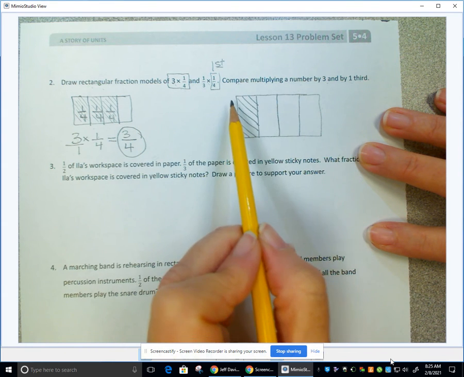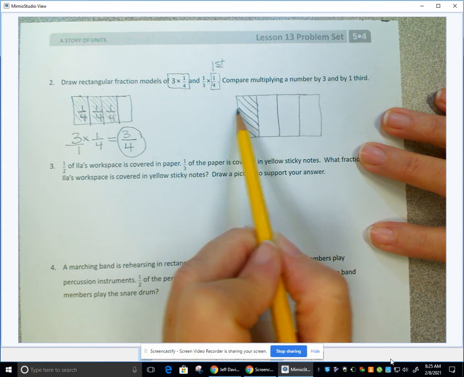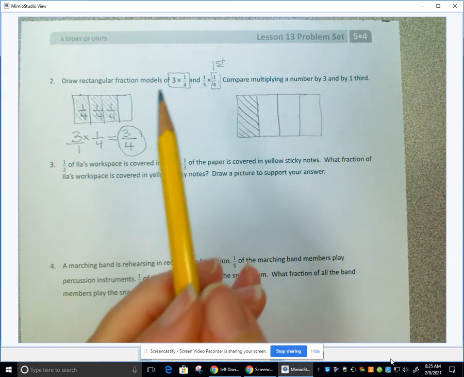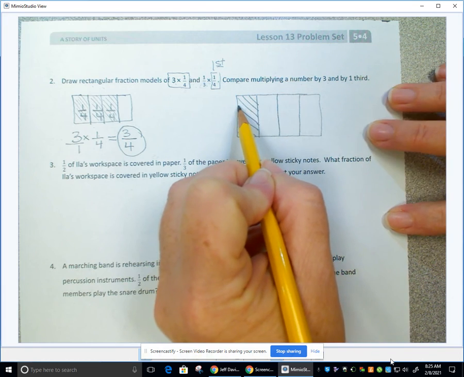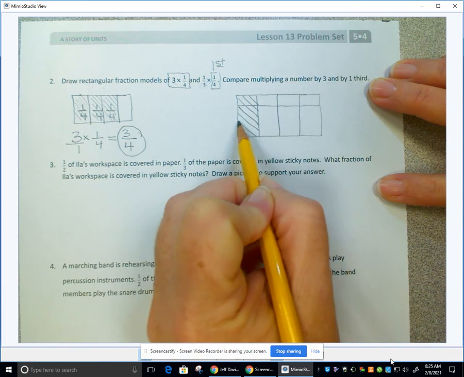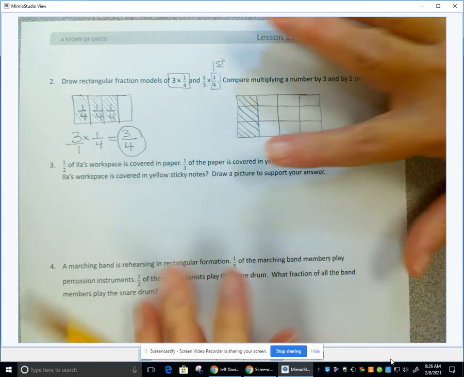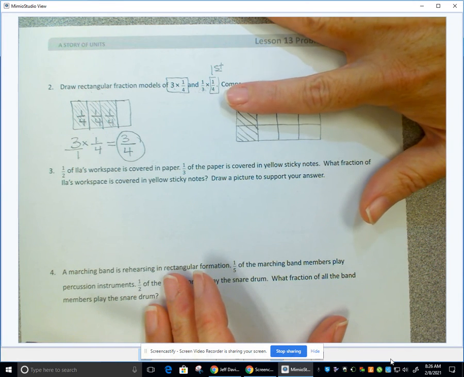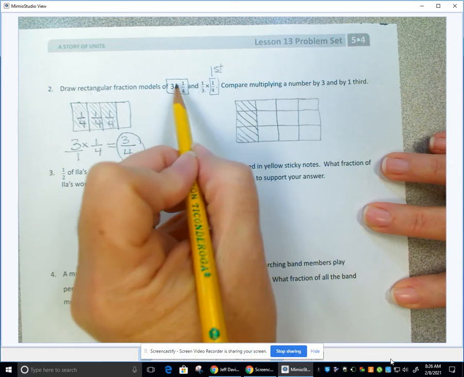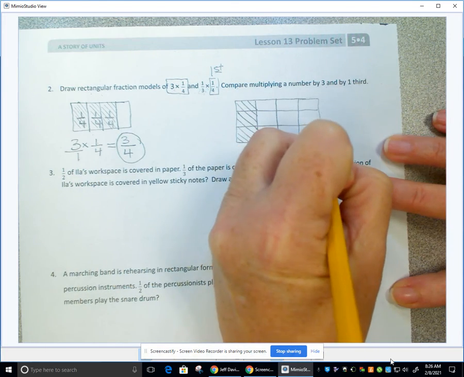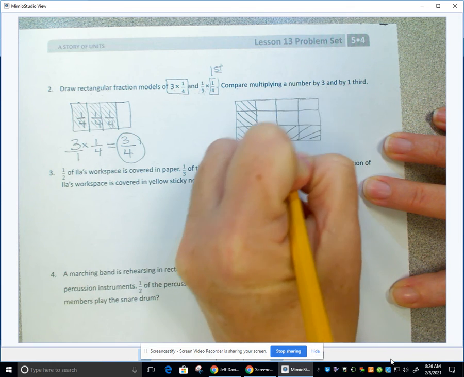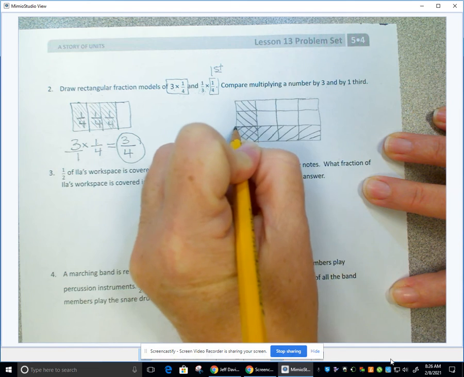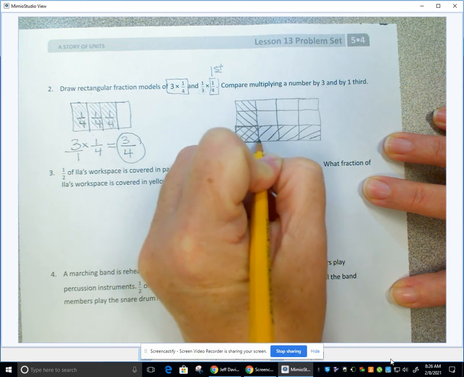So that means I want to go horizontally and divide it into 3 sections. So that means I need 2 lines. See, you see my sections. I've got 1, 2, and then 3 all the way across. And I want 1 of those 3 shaded. So I want to go the opposite direction. And we can see my answer right here.